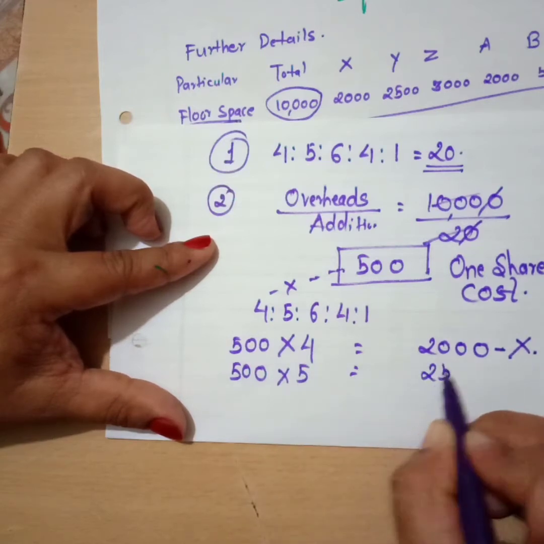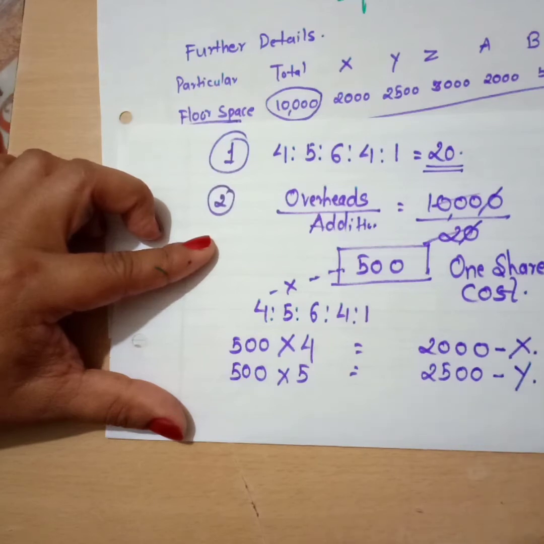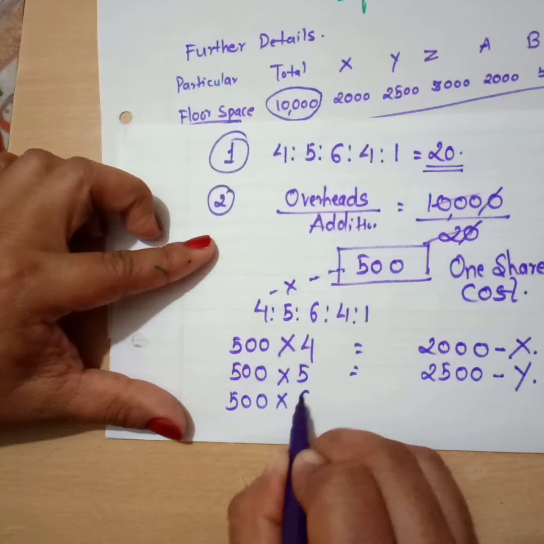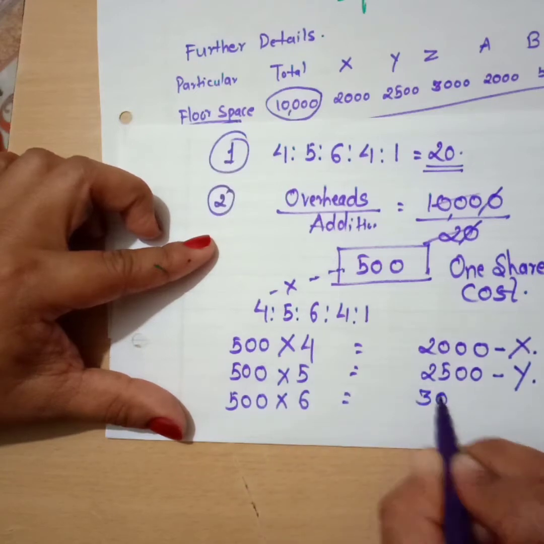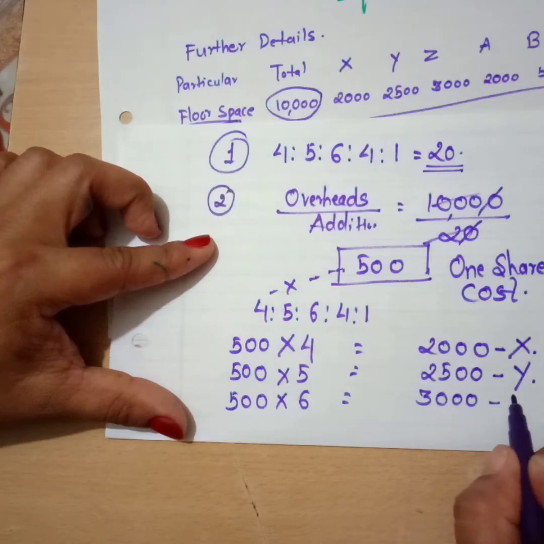It comes to 2500. This will be the share of department Y. 500 multiplied by 6 comes to 3000. It is the share of department Z.